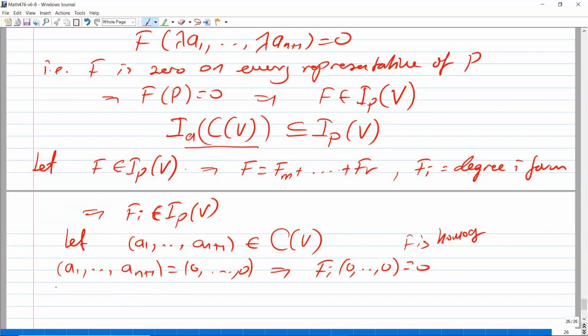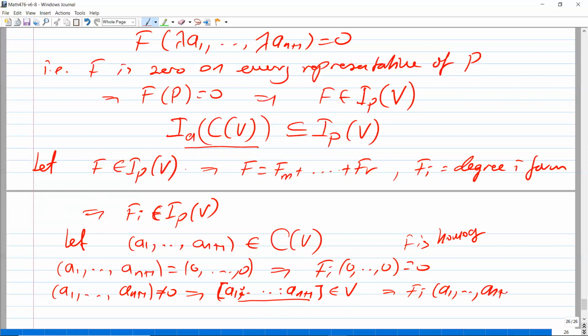And if A1, ..., A(n+1) is not 0, then by the definition of CV, this point is in V. Since Fi is an element of IPV and this point is in V, Fi of A1, ..., A(n+1) is 0.